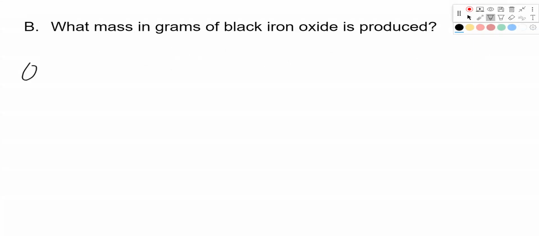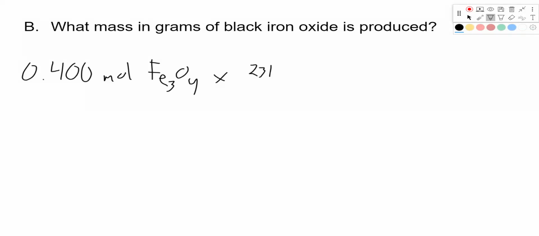If we have iron as the limiting reactant, then that means we are at max making 0.400 moles of Fe3O4. So then we just have to go out and calculate the molar mass of Fe3O4, which just so happens to be 231.55 grams of Fe3O4 for every 1 mole.